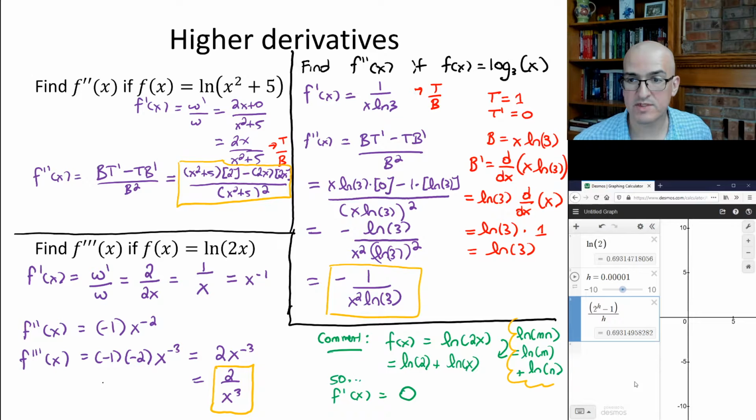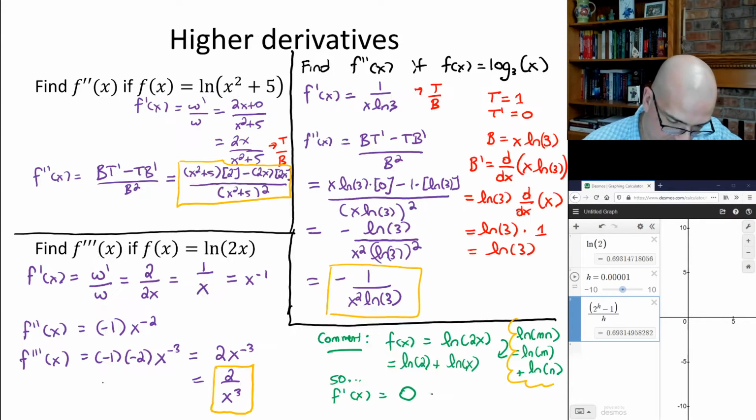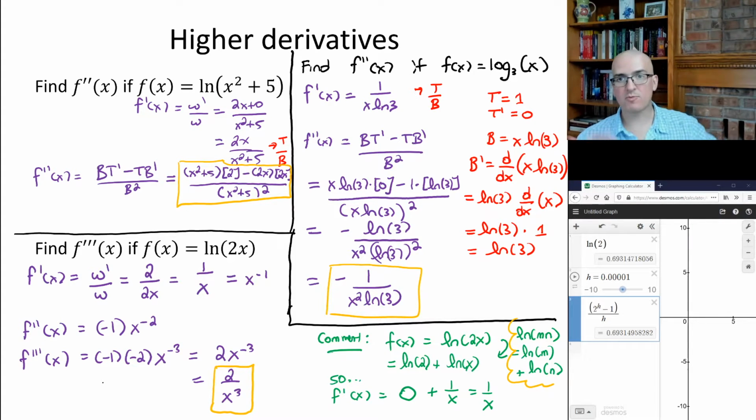Ln 2 is 0.693. And the derivative of 0.693 is 0, because it's a constant. And then we have plus the derivative of ln of x, which is 1 over x. So we get 1 over x. So that's what's happening. Log properties would also show us that the derivative of ln 2x is 1 over x.